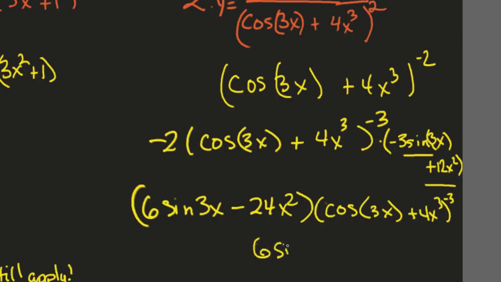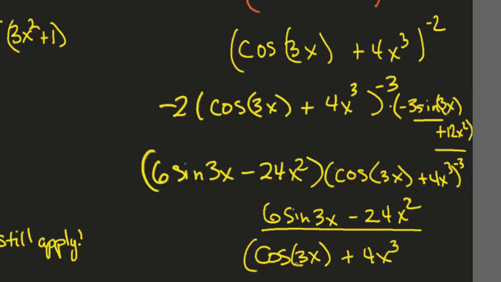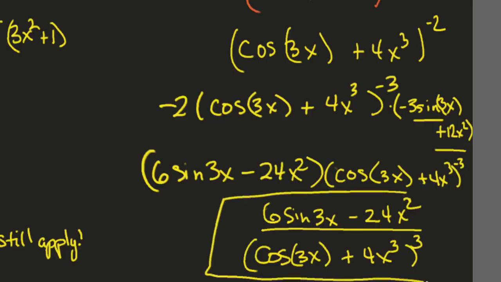So you're going to get a 6 sine 3x minus 24x squared all over that to the positive 3 because we moved it down. Okay, so this is a chain rule within a trig chain rule within a normal chain rule.